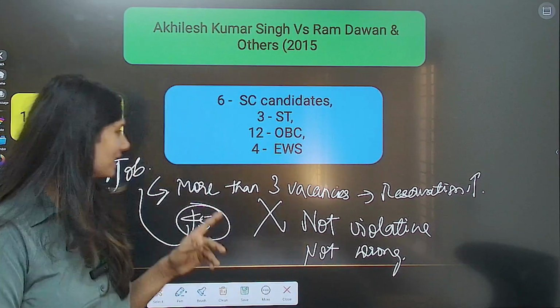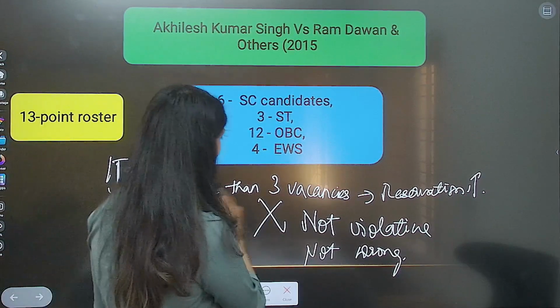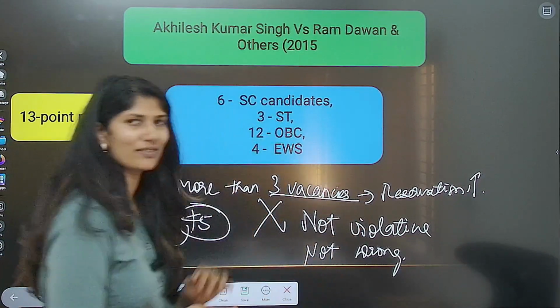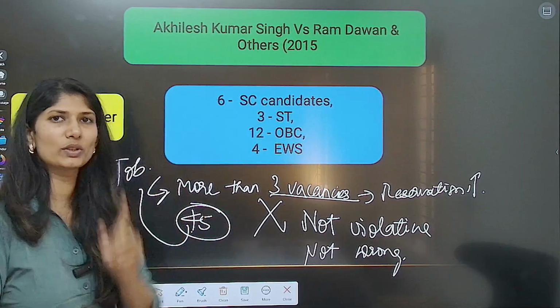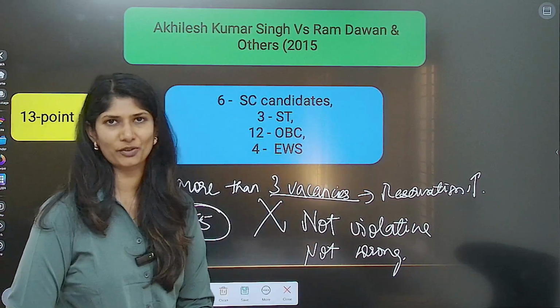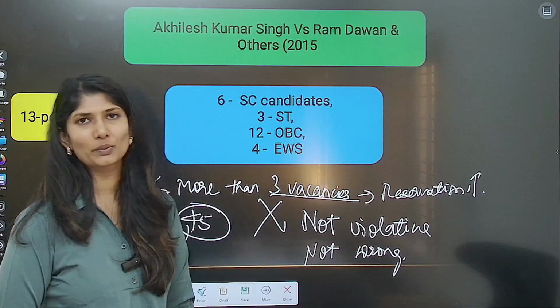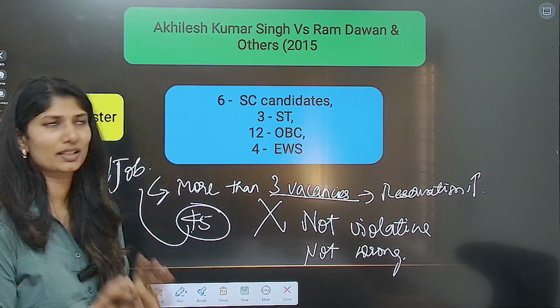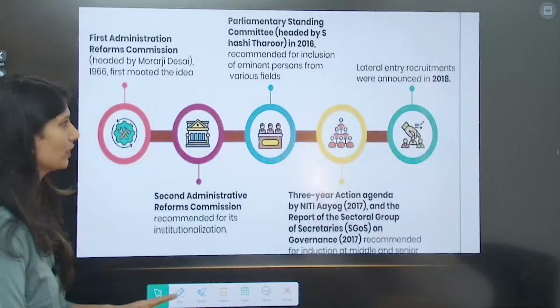So if you look at it, it is 45 individual jobs. At that point, each department has less than 3 vacancies because it is only one. So in that way, you don't have to give reservation. They did not violate it, neither was it wrong. This is with regard to lateral entry and reservations.